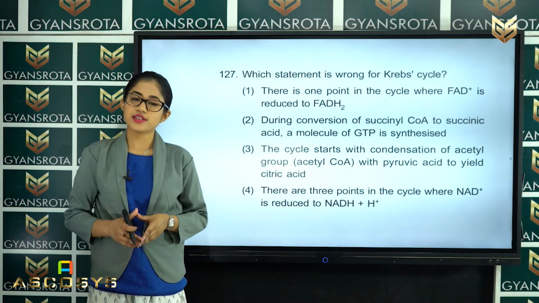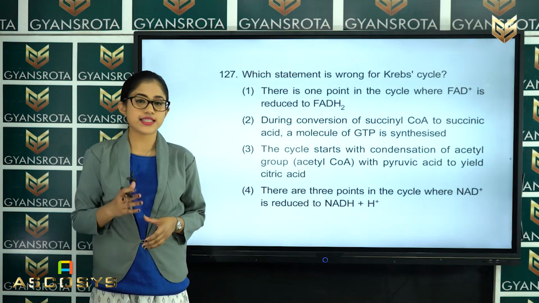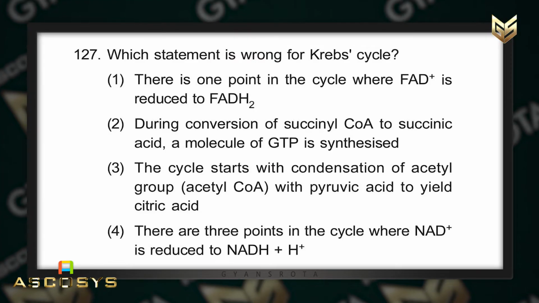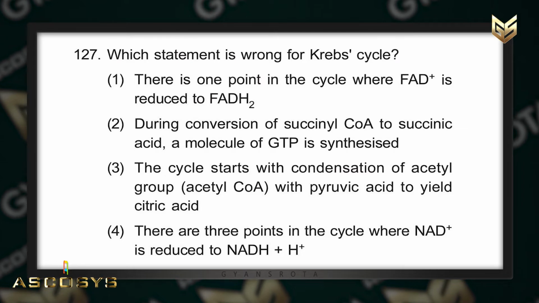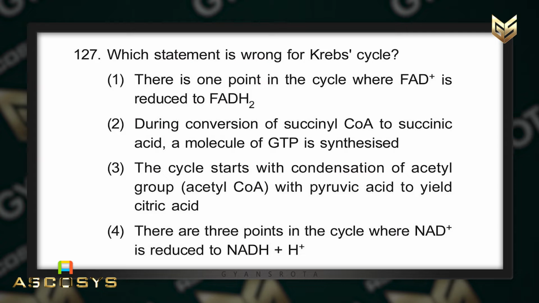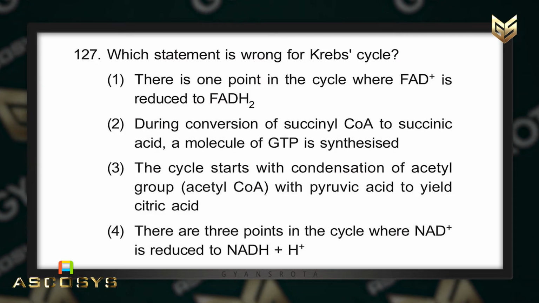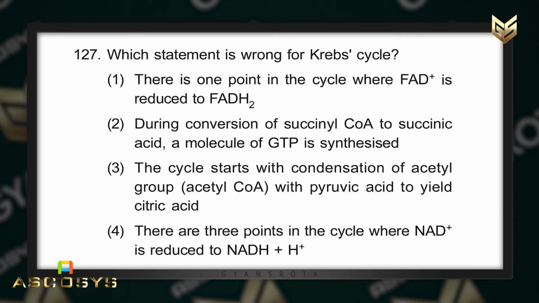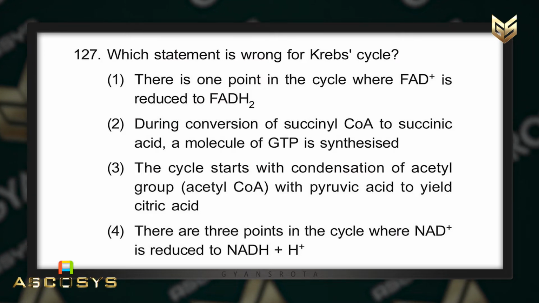In the next question, that is question number 127, which statement is wrong for Krebs cycle? There are 4 options given. First statement is there is one point in the cycle where FAD plus is reduced to FADH2. The second statement is during conversion of succinyl coenzyme A to succinic acid, a molecule of GTP is synthesized.